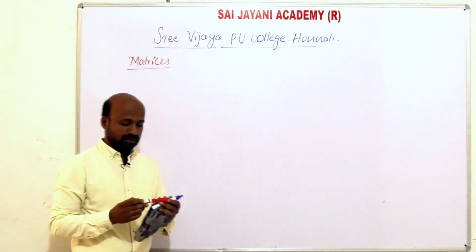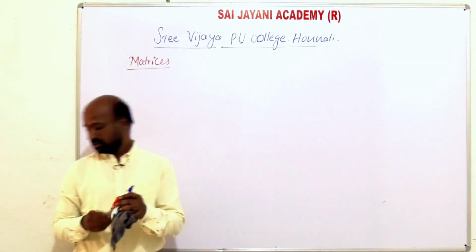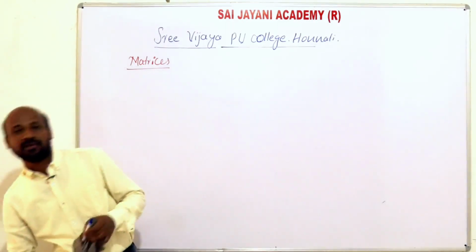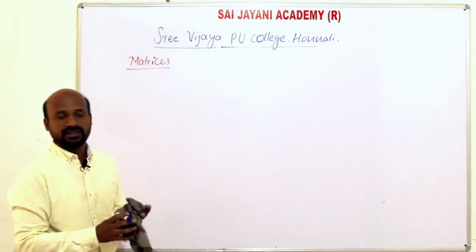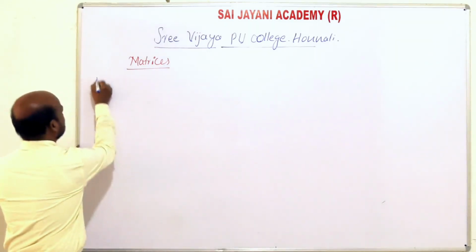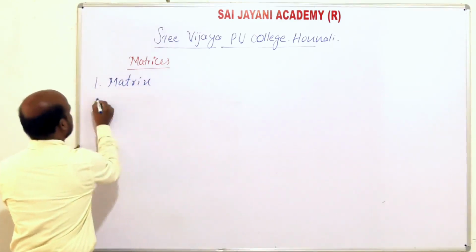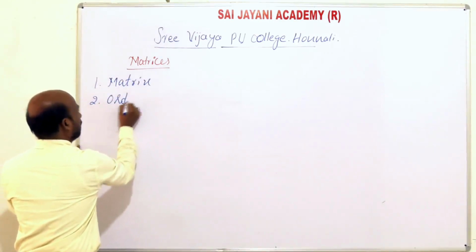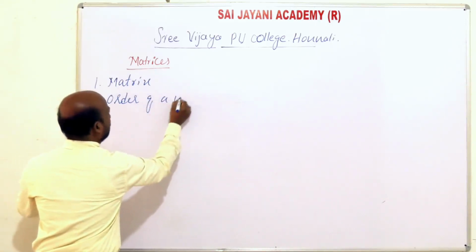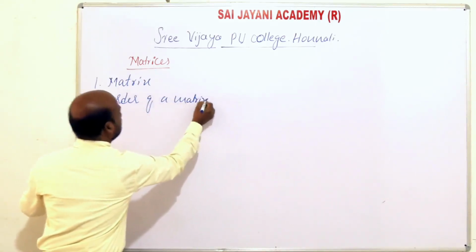So in this chapter, first we shall discuss the matrix, order of a matrix, types of matrices. The definition of a matrix, order of a matrix.